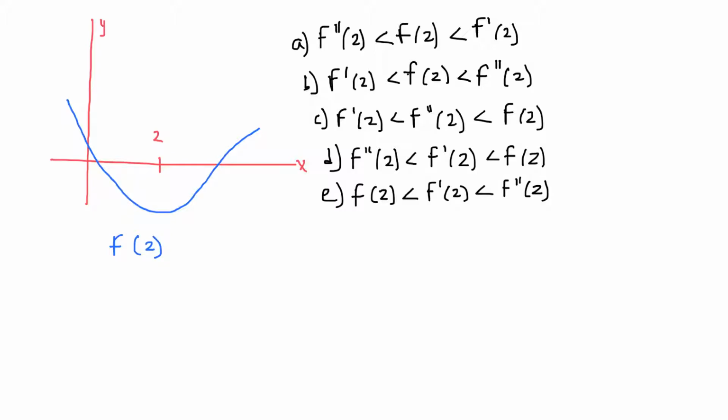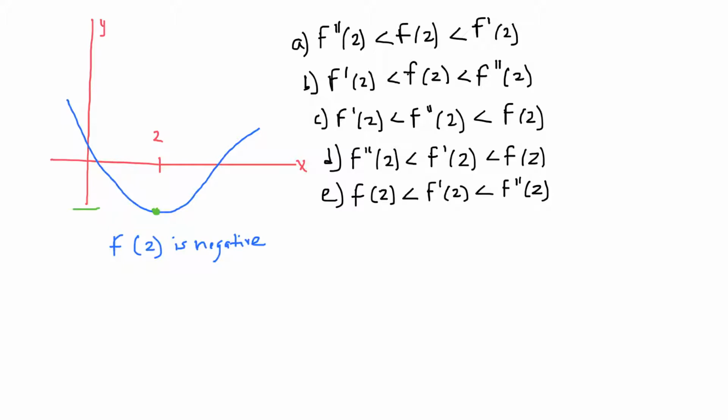Well, the only thing I know about f of 2 at this point is that it's right there, somewhere here. I don't really know what the value is, but I know it's below the x-axis, and that makes f of 2 negative. That's the important thing.